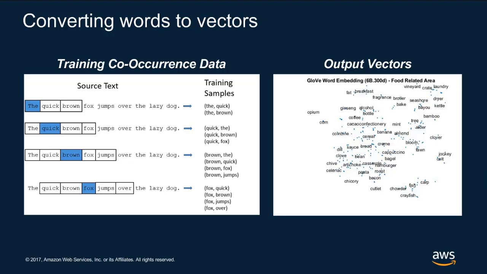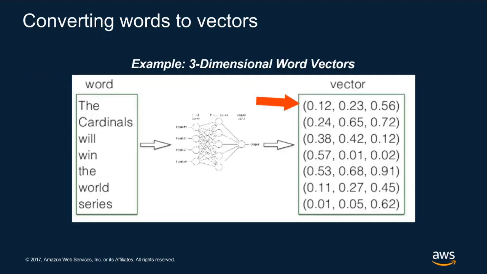How that came about is you see in this context, if you have these words, and we're breaking a separate sentence, the Cardinals will win the World Series after considerable deep learning applied to it. You have these individual vector representations. Just to clarify, this is a three-dimensional vector.